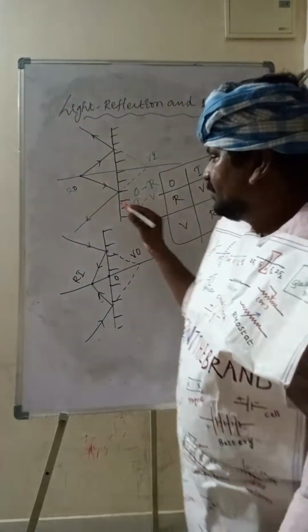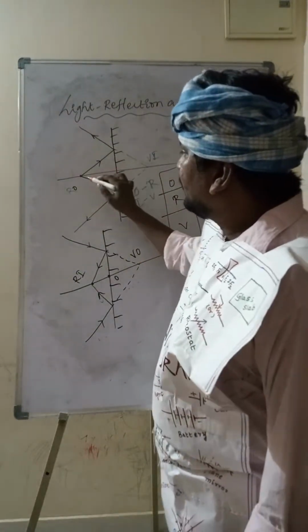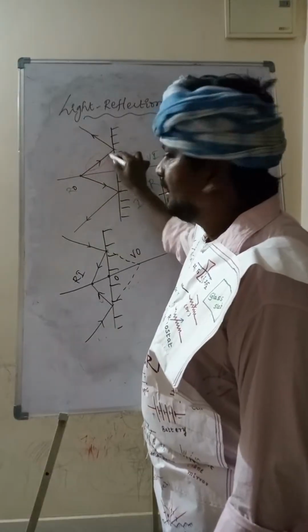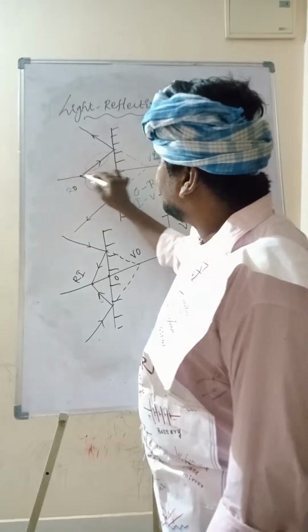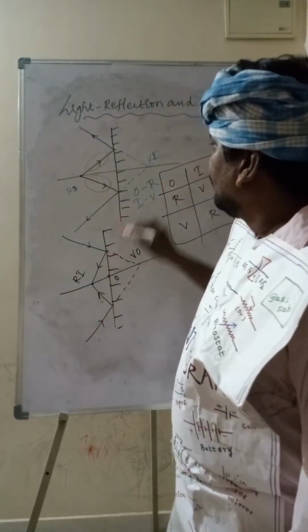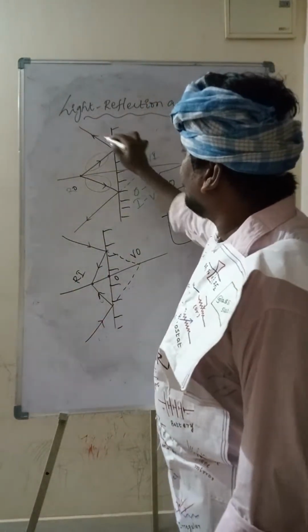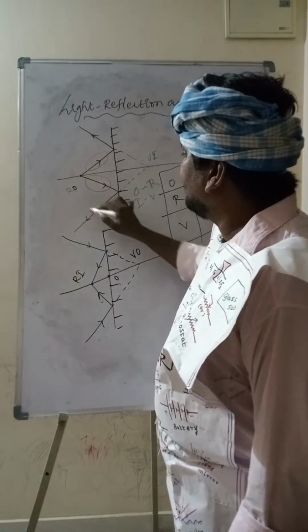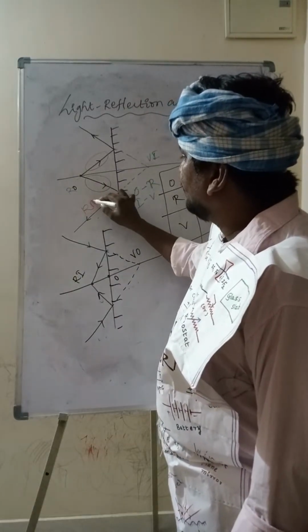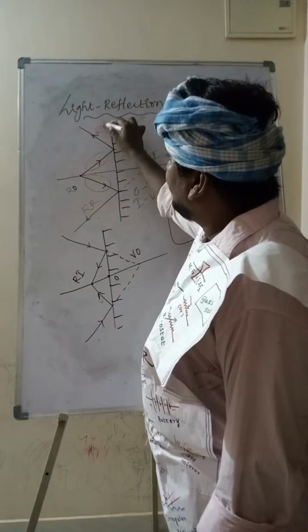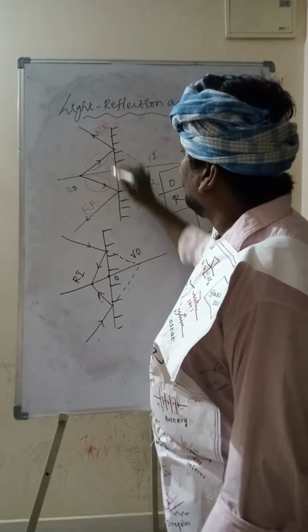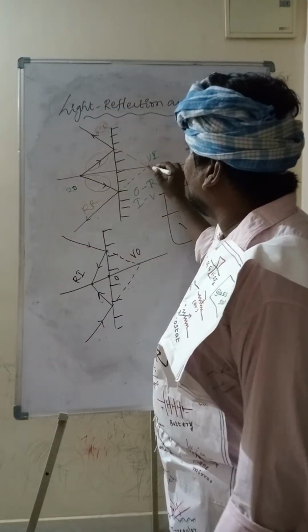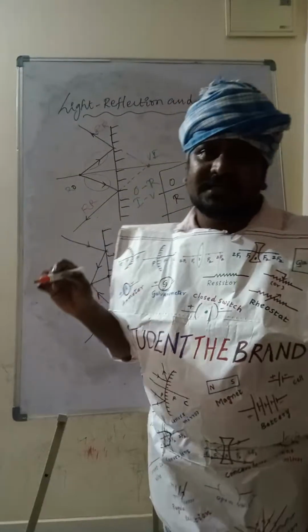So listen carefully. The point of intersection of incident rays is called a real object. The point of intersection of extended reflected light rays: this is a reflected light ray, this is also a reflected light ray. So we are extending these reflected light rays. Those light rays are meeting at one point on the principal axis.